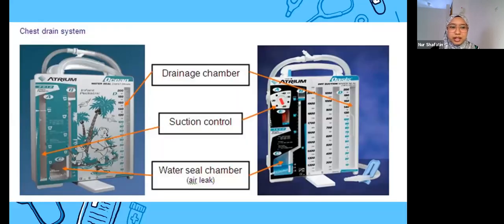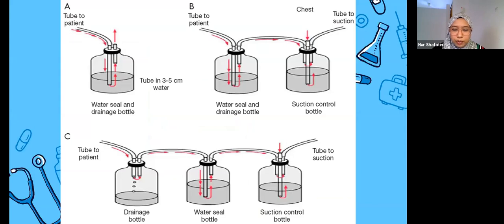So this is the chest drain system, a multifunction chest drain. It has three compartments, which are a drainage chamber, a water seal chamber, and also suction control. Other than that, we also have this chest drainage bottle.